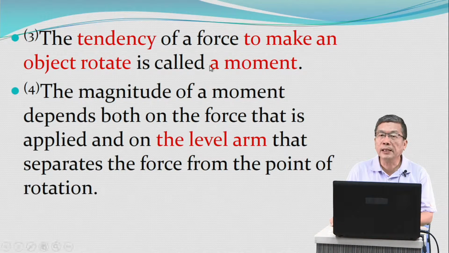The tendency of a force to make an object rotate is called a moment. The magnitude of a moment depends both on the force that is applied and on the lever arm that separates the force from the point of rotation.